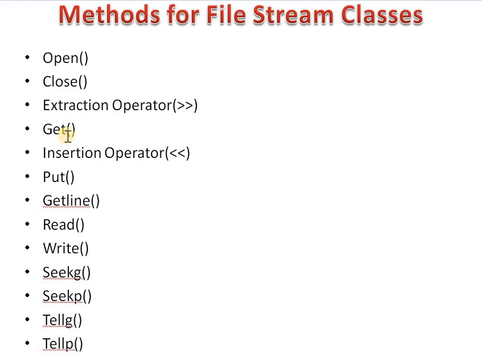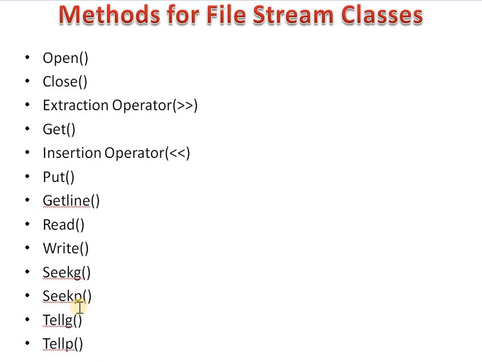The get function takes input a single character at a time, but when we want to provide input as a string or in line format, the getline function is used. In a similar way, there are again different functions. The read function is used to read the contents of the file. Then the write function is used to provide the write operation to the file. That means when we want to insert data into the file, we use the write function.